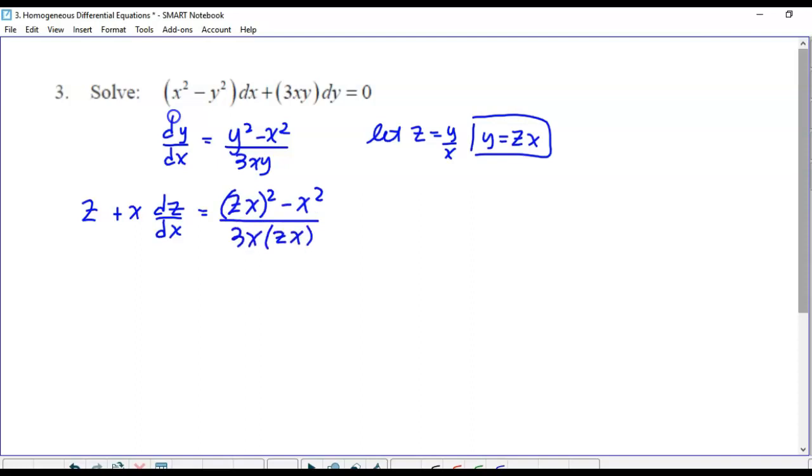Okay, and so we can divide by, well, let's simplify this. So z squared x squared minus x squared over 3zx squared. So x squareds go into all of it. You can multiply, or you can show it as 1 over x squared.